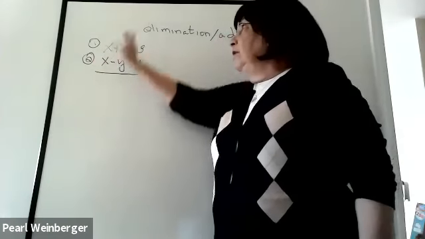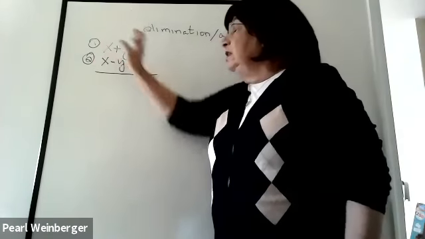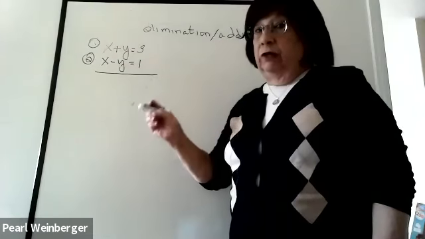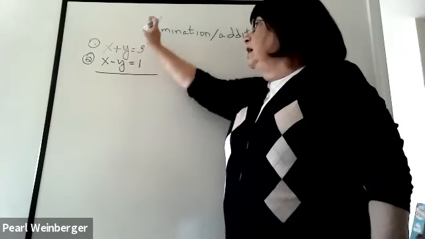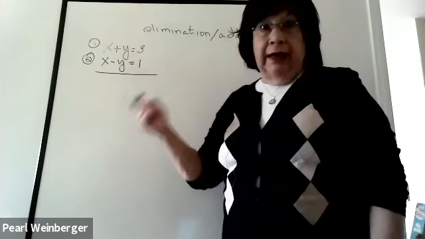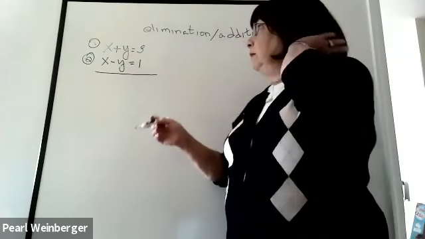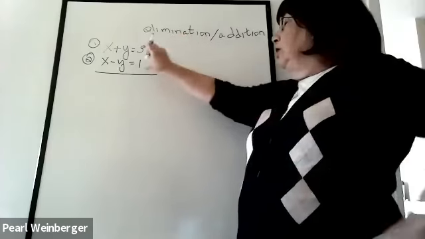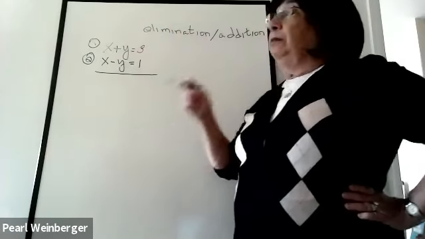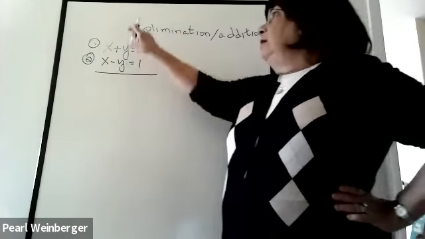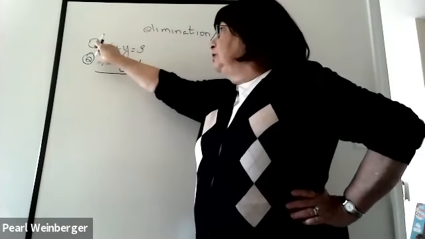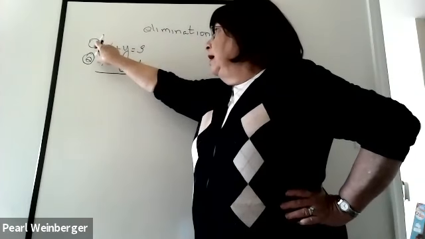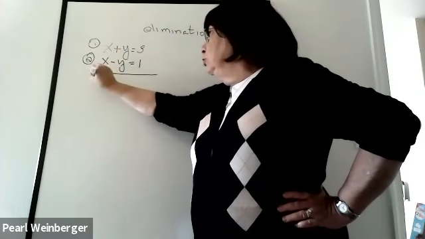Notice it'll work out very nicely because since these equations are in standard format, the x's, the y's, the equal signs, and the numbers all line up. To do the elimination method or addition method, everything has to be lined up. And of course, it's called the addition method because we're adding the equations. So if I add the first column, x plus x will give me 2x.